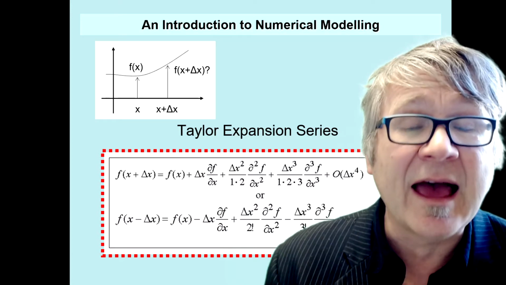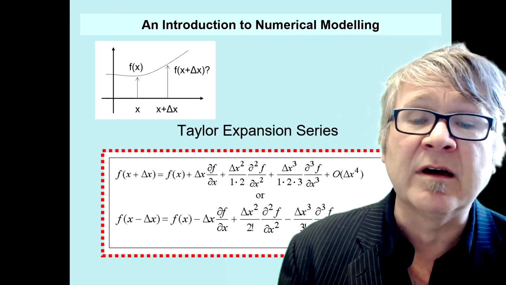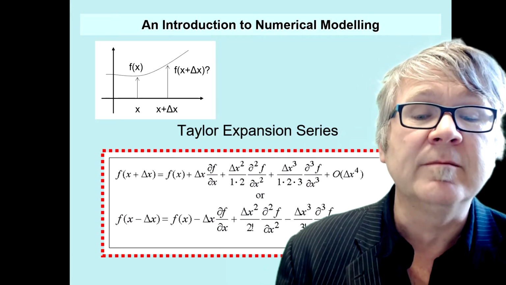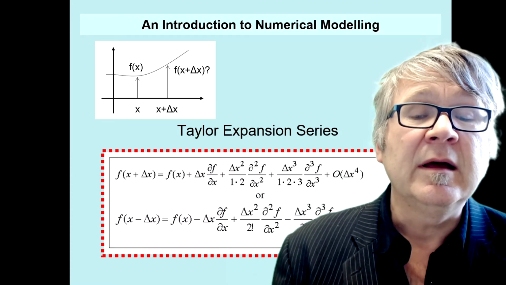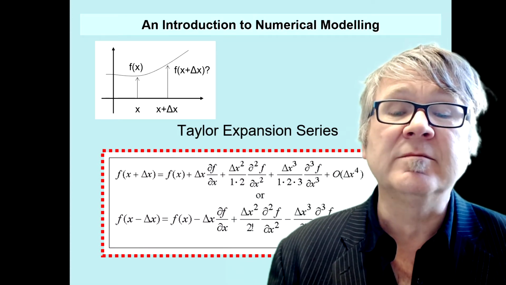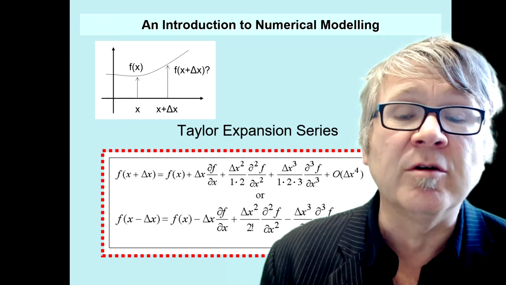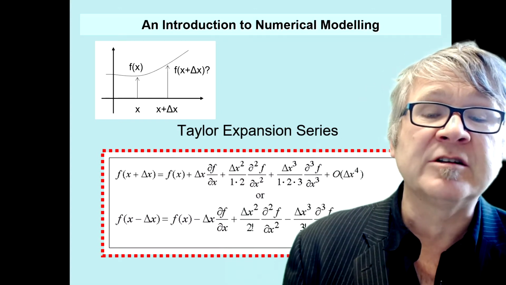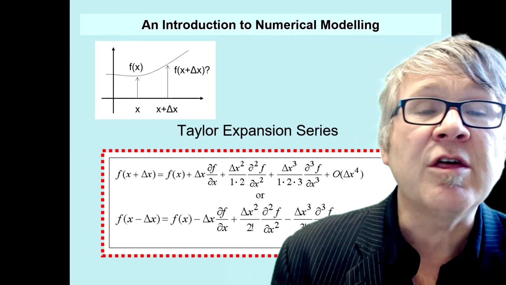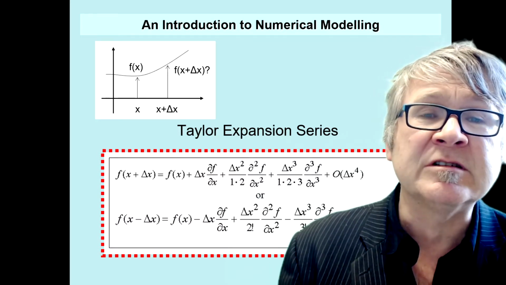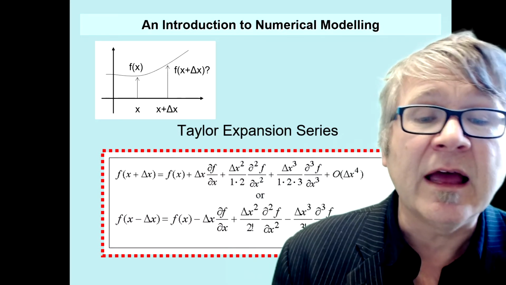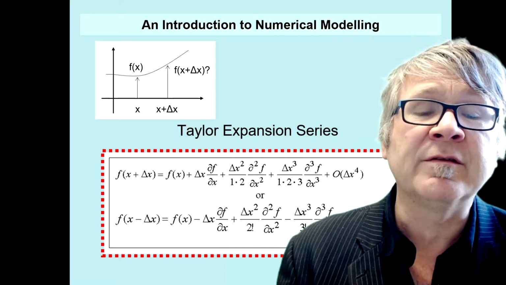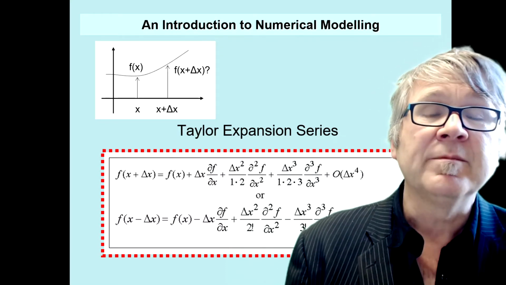The next higher order correction takes into account the curvature, okay? And it has delta x squared in it. And then the third term, it's not the third term, it's the fourth term actually here in this case, has the third derivative, which is the slope of the curvature. And you have the third power of delta x, and so on.